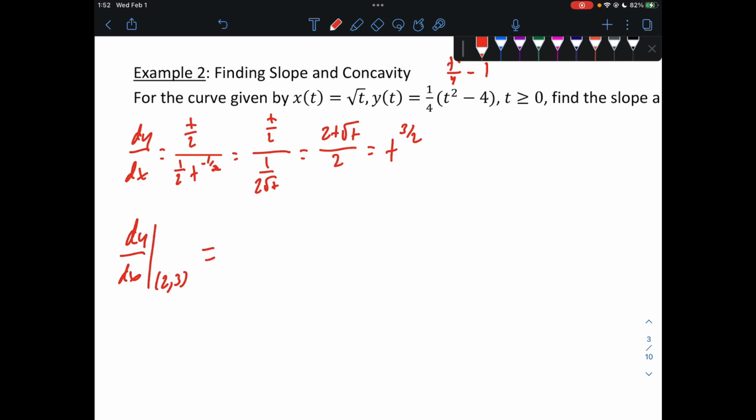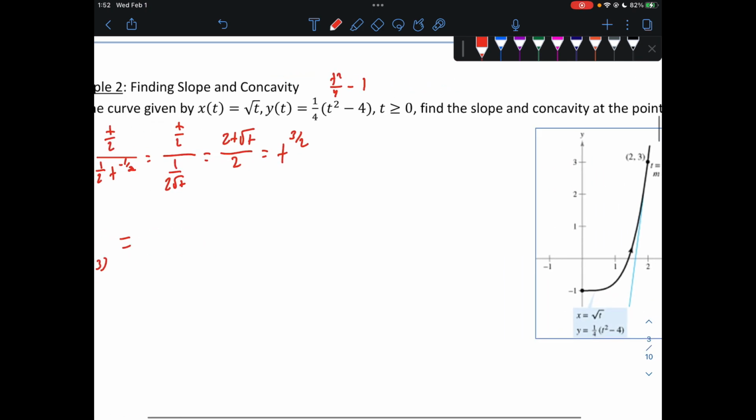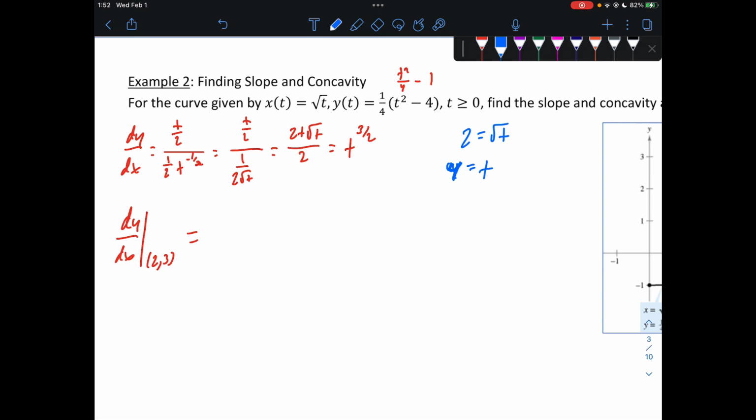We have to figure out what t would be when we do that. So we can set 2 equal to root t, and that would be t equals 4. Or you could set this equal to 3, but this is an easier one to solve. So t equals 4. So then my derivative would be 4 to the 3/2, or 8. So my slope is 8.